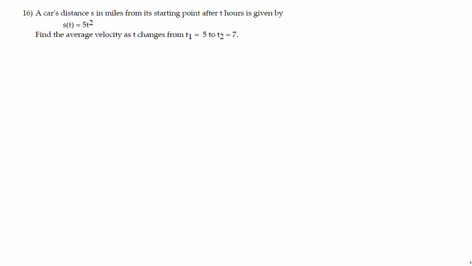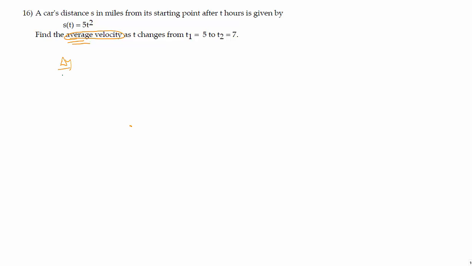We are given a car's distance in miles from a starting point after t hours. It's given by s of t, and we're asked to find the average velocity as t changes from 5 to 7. Now, if I were asked to just find the velocity, I would take the derivative, but average velocity is a different function. So average velocity is like the average rate of change, the slope of a secant line. All those are over a period of time or from the change in two points.